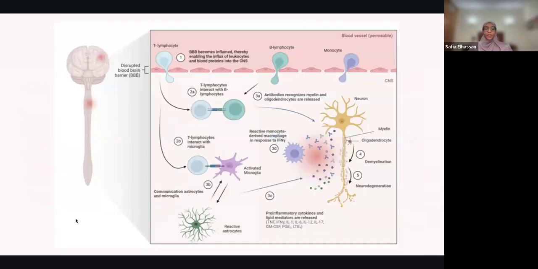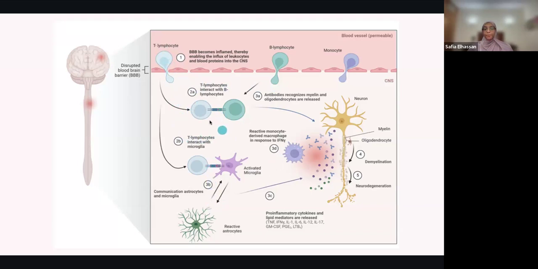So for the pathophysiology of multiple sclerosis, this is an autoimmune T cell mediated disease. So it starts with autoreactive T cells that somehow enter the blood-brain barrier. So the blood-brain barrier becomes a little bit loosened, so the T cells are able to enter. And here they interact with B lymphocytes, microglia, and macrophages.